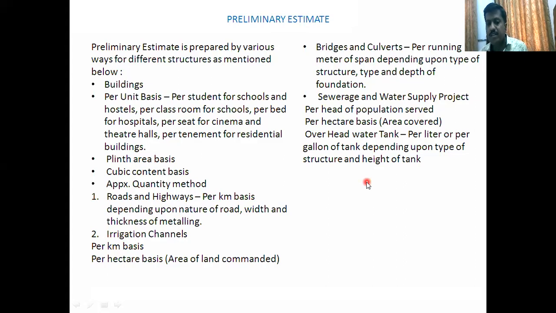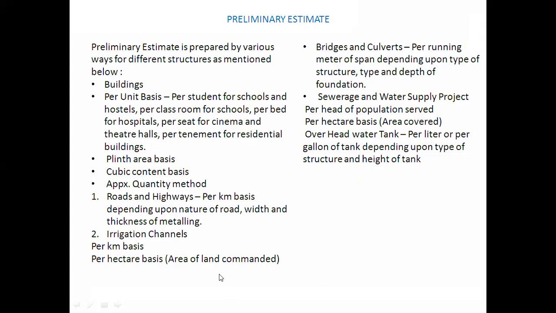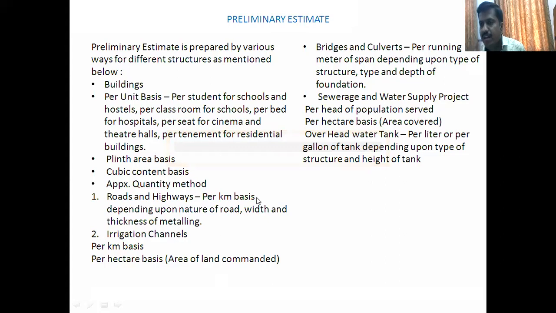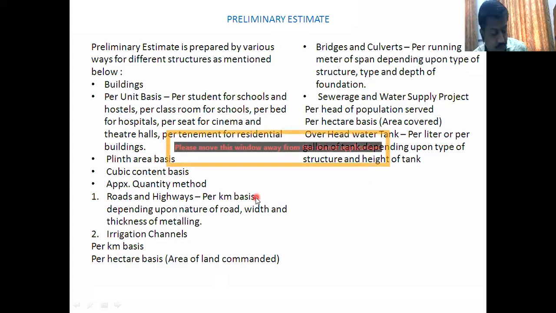Then irrigation channels, again on a per kilometer basis. In the case of canals, whatever canals we are going to construct may be lined canals or unlined canals.